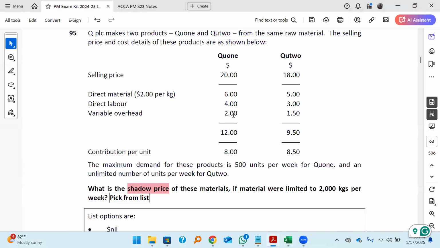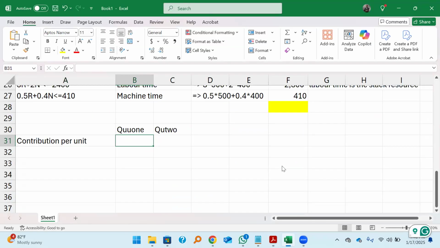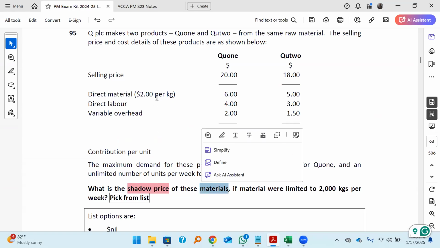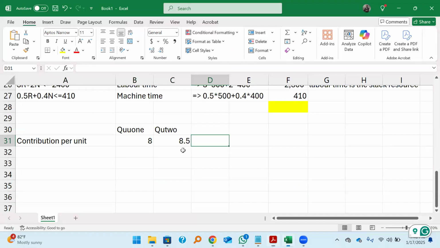The Q1 contribution is going to be 20 minus 6 minus 4, or they gave us already 8 and 8.5. So this is good, they gave us the contribution. Now we want to get the shadow price of the materials, which means that we are going to look at the materials.